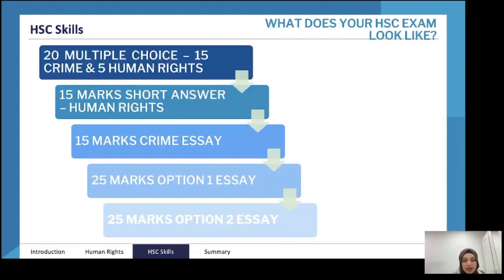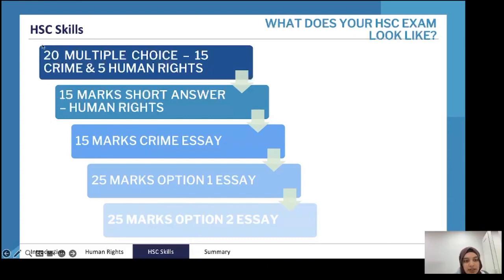After that, we've got the crime essay, which is another 15 marks. It's not going to be as long as your other option essays. Your option essays are 25 marks each. So this is all core, every student will be studying crime and human rights.